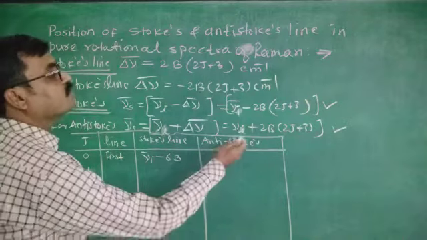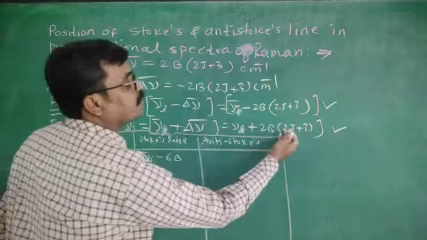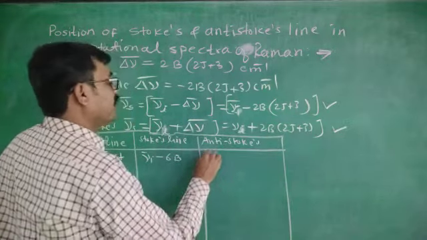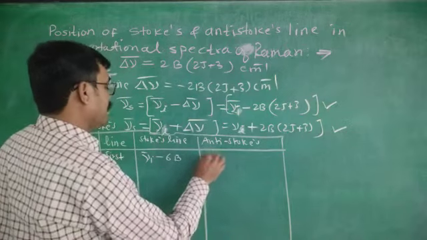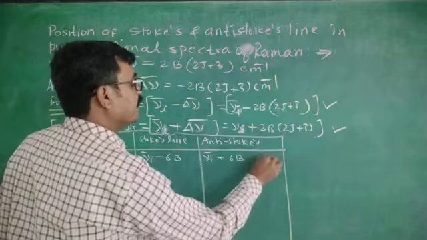Now for anti-Stokes it will be different. For J equals 0, it will be 0 plus 3 is 3, so the anti-Stokes line is nu I bar plus 6B so many centimeter inverse.